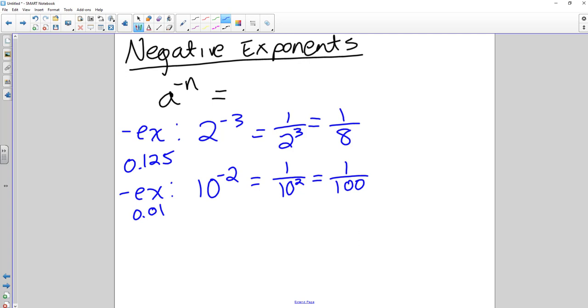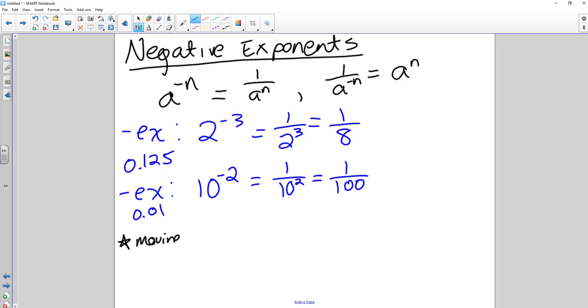So let's put in that definition now. A to the negative nth power is equal to 1 over a to the positive nth. Now the other rule that goes with this: if I have 1 over a to the negative nth power, this is going to be equal to a to the positive nth. Looking at both of those rules, let's summarize what this is saying.